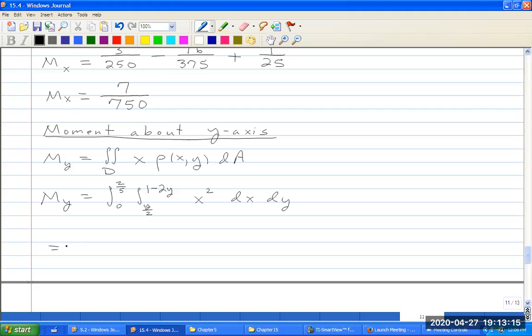And so this is equal to the integral from 0 to 2/5. Integral of x squared is 1/3 x cubed between x equaling y over 2 and x equaling 1 minus 2y, dy. So let's evaluate this. I'm going to have to insert another page.